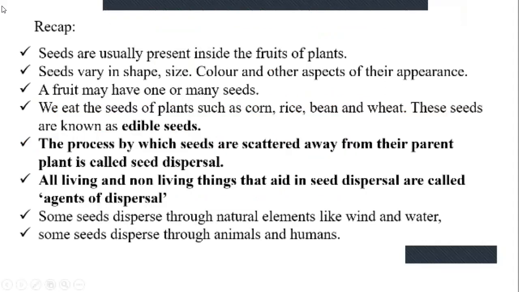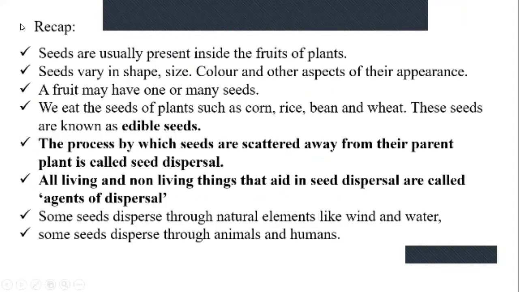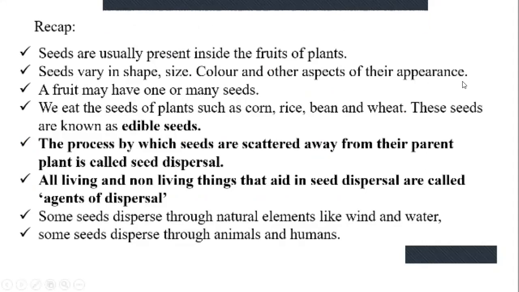Before proceeding to today's topic, let us have a recap of what we have already learned in the last sessions. Seeds are usually present inside the fruits of a plant. Seeds vary in shape, size, and color, and other aspects of their appearance. A fruit may have one or many seeds. We eat the seeds of plants such as corn, rice, bean, and wheat.